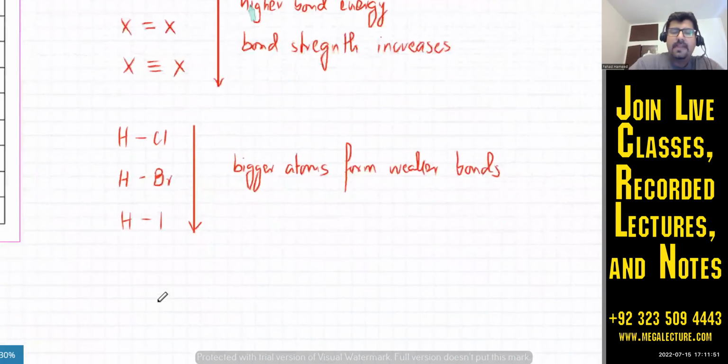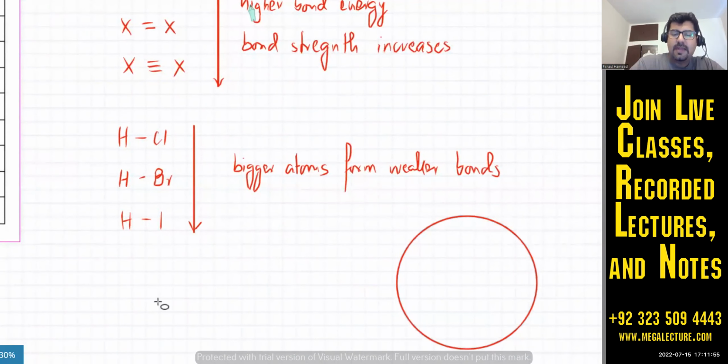If the atom is really big, let's say iodine is really big and hydrogen is this tiny atom, right? So if you have a big atom, big atoms would be very far away from each other. I mean, the nucleus would be very far away, this nucleus over here, and there's a shared electron over here.